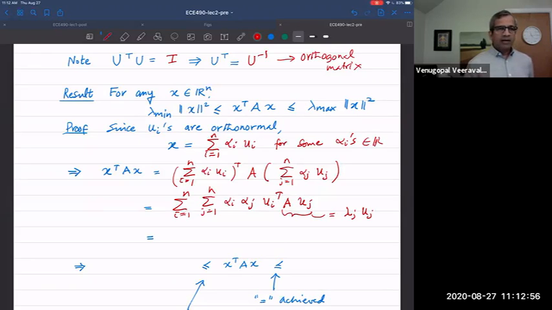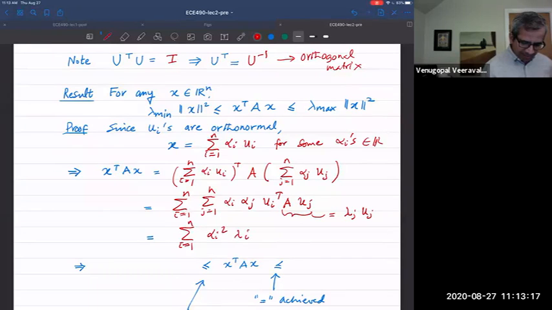So if I look at u_i transpose u_j for i not equal to j, I get 0. So this double sum will collapse down to just a single sum, for i equal to j. So I'll just get the summation i equal to 1 to n of alpha i squared times lambda i. Okay. All right. So that's what x transpose A x is.